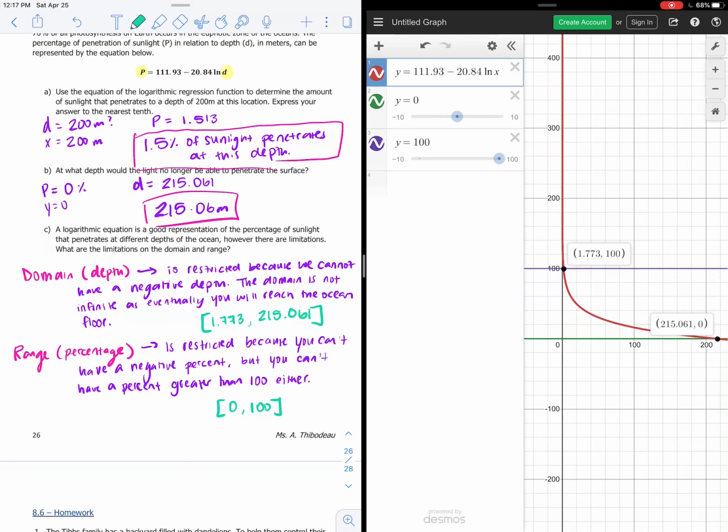We can use those concise restrictions to then impose on our other axes. So our range had these clear restrictions, and then we could impose those onto our domain as well. All right?